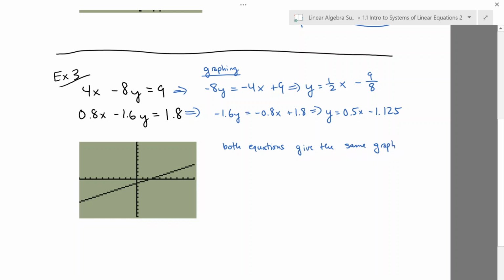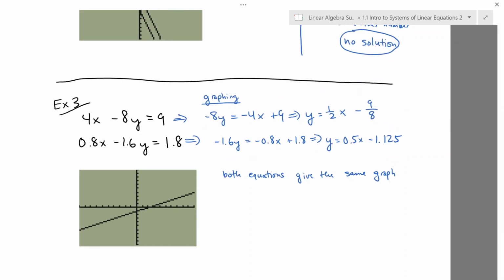Right, so the two lines are overlapping each other. That means that there's infinitely many solutions, right? Because the entire line is a solution. Okay, so we have infinitely many solutions.